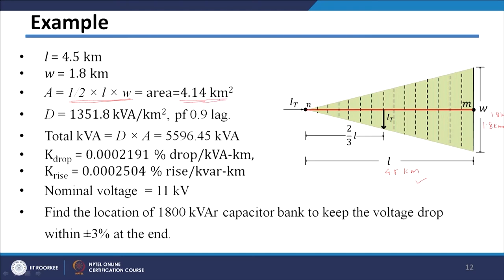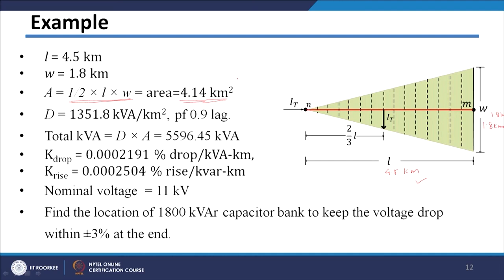Then let us assume the load density in this triangular area is 1351.8 kVA per kilometer square with 0.9 power factor lagging. Again, this is the average power factor over this area. Then total kVA will be load density multiplied by area.